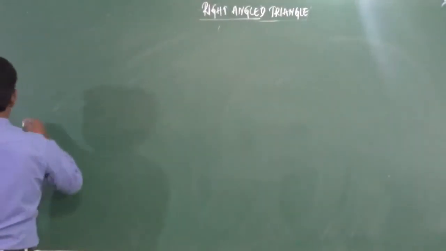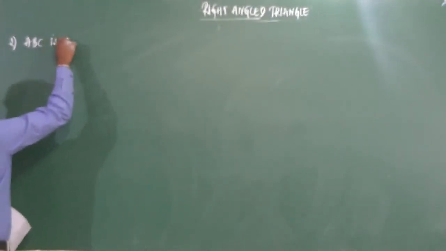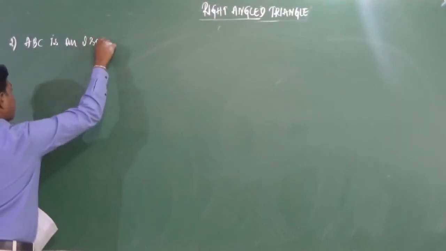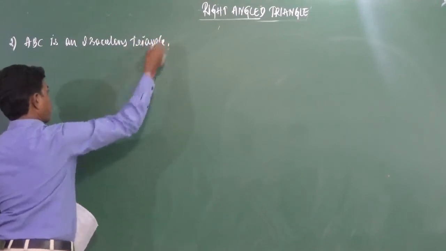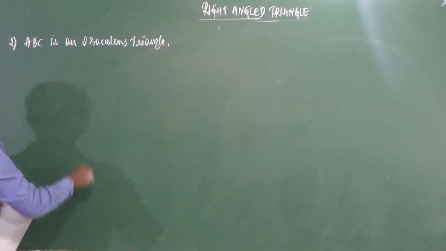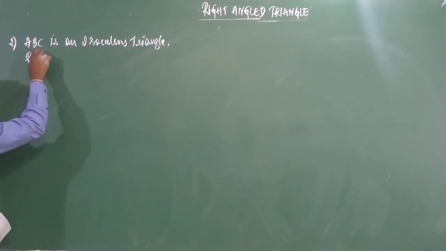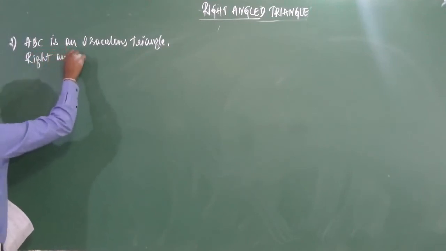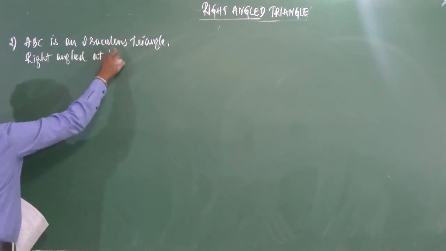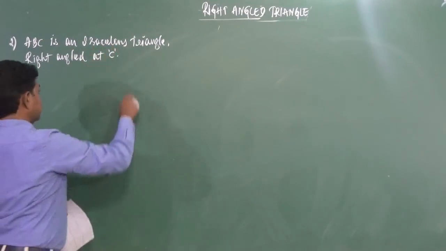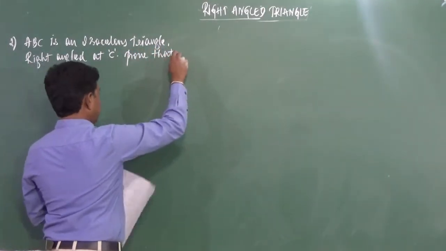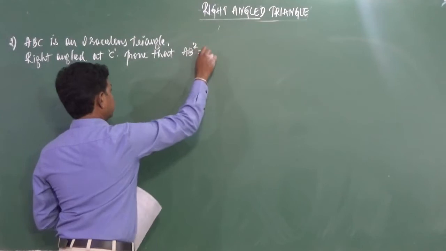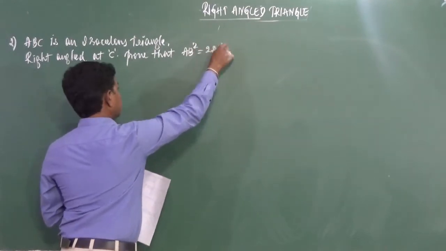ABC is an isosceles triangle, right angled at C. Prove that AB square is equal to 2AC square.